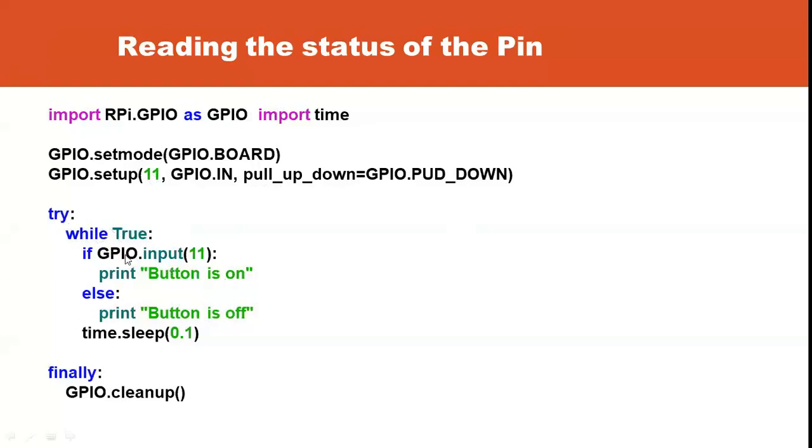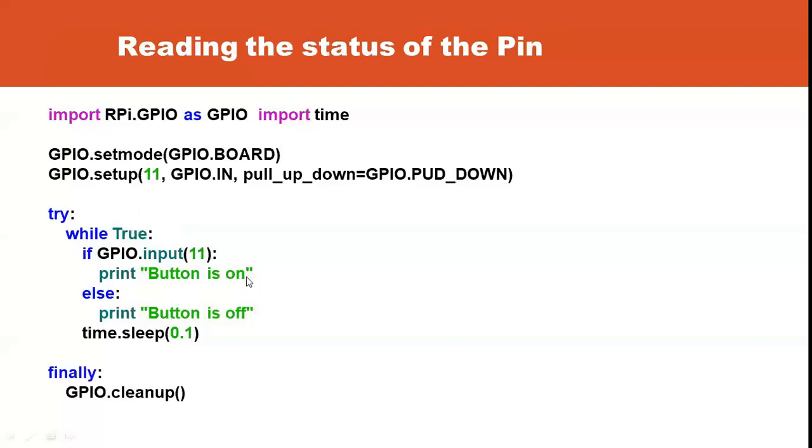Infinitely, what we are doing is getting the input from pin number 11. In order to get the input from a particular pin, the function that is used is input. So input of 11 means pin number 11 is read. If it is 1, then it will enter the if loop and print button is on.